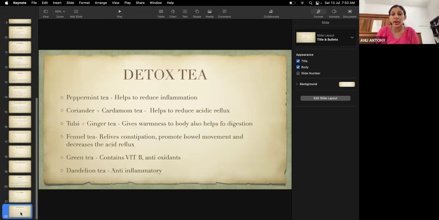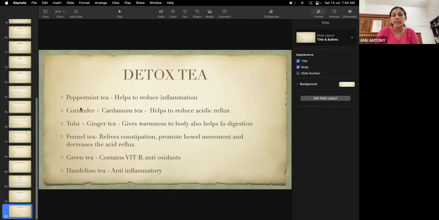Now coming to detox teas. These will help in the winter season because we need warmness in our body, and they will also help with liver functioning. So peppermint tea, that is nothing but boiling water with peppermint leaves or infused warm water with peppermint leaves. 2 to 3 leaves is enough, and consumption should be 1 to 2 glasses a day, not more than that.